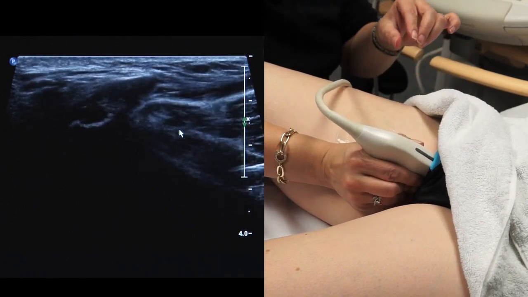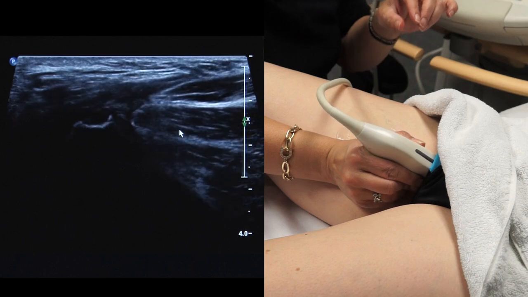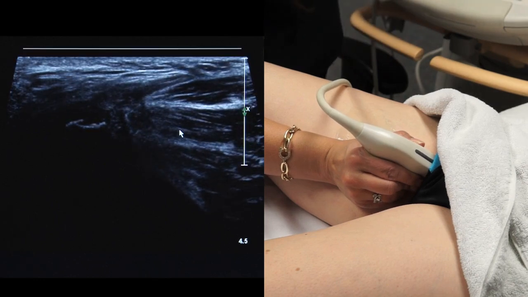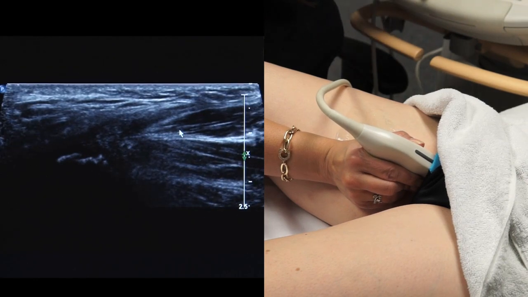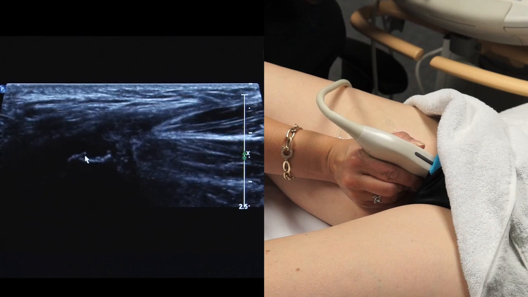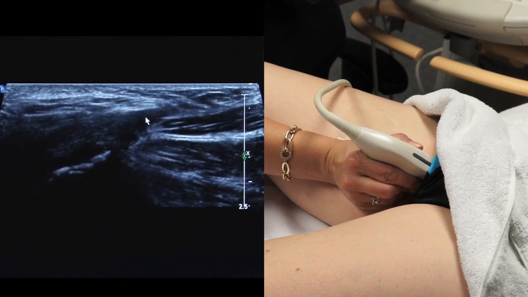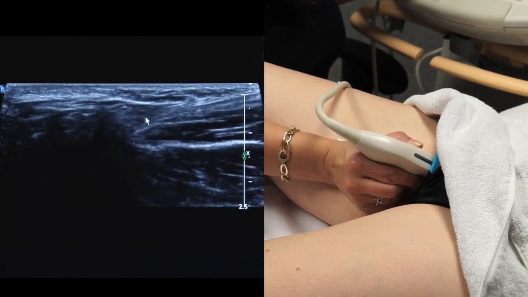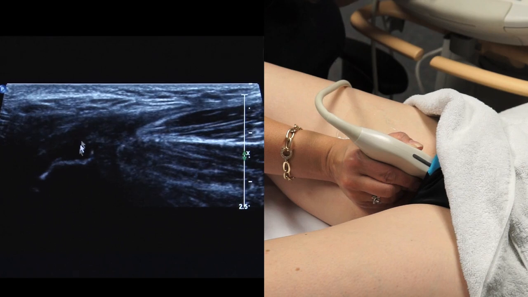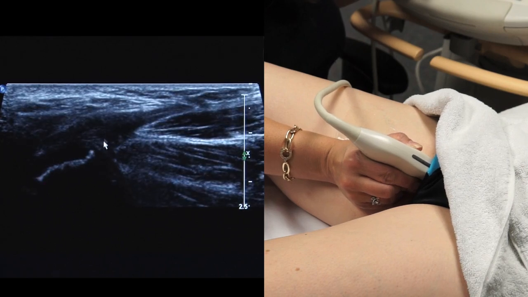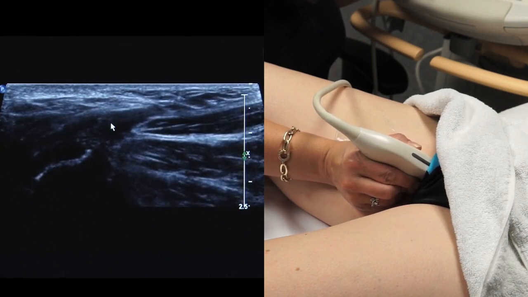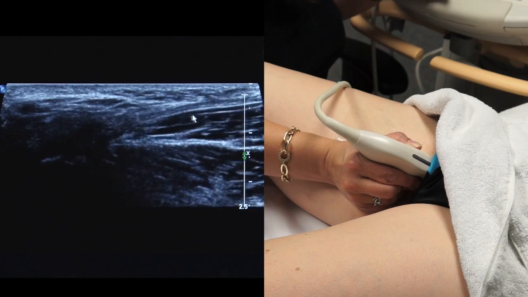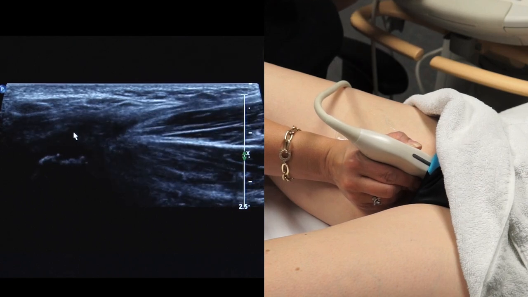Here is the inferior pubis, and here is the insertion of the adductor longus onto the inferior pubis. And here's the tendon in long axis.